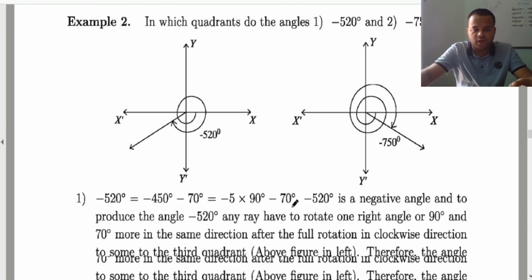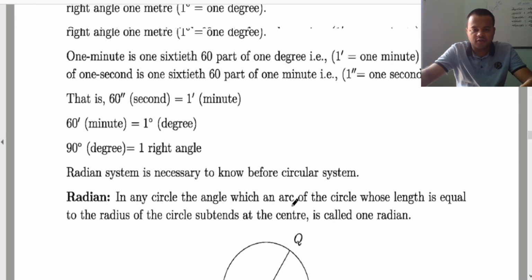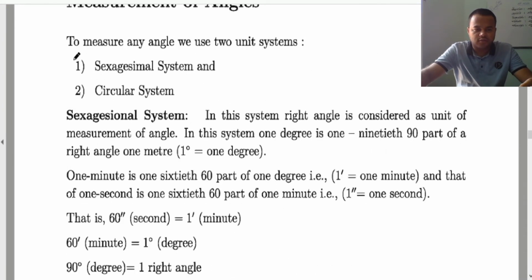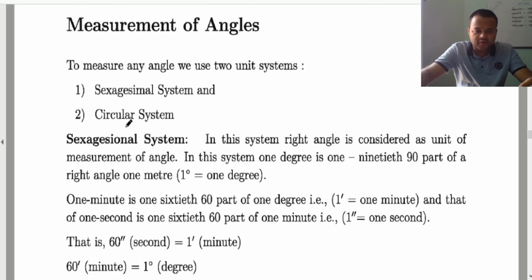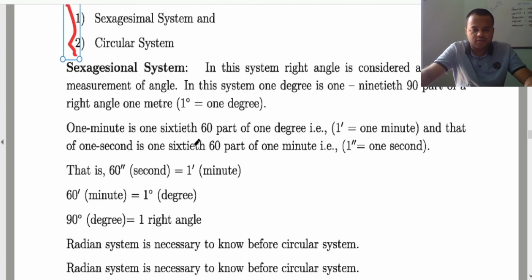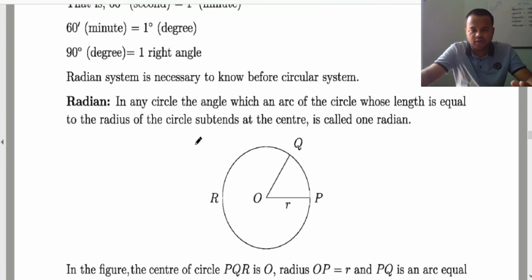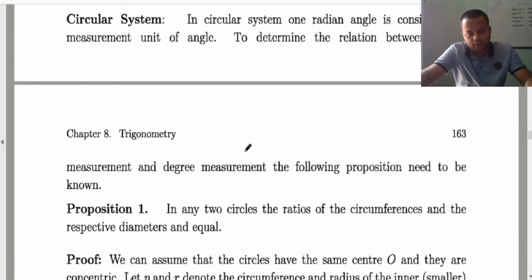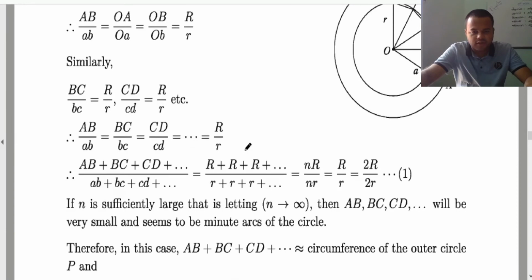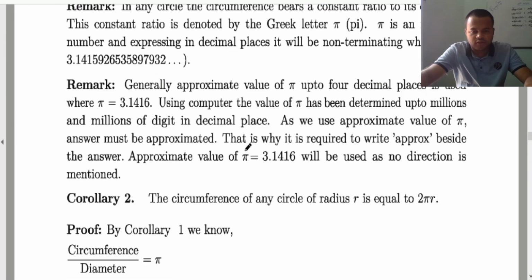From 8.1, we have to convert angles, two types of measurement of angles, one is the sexagesimal system and another is the circular system. We have to convert vice versa here. All of you already know, as I have discussed this in our class, so I hope all of you can do that.